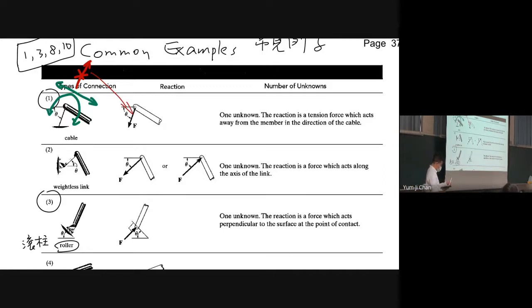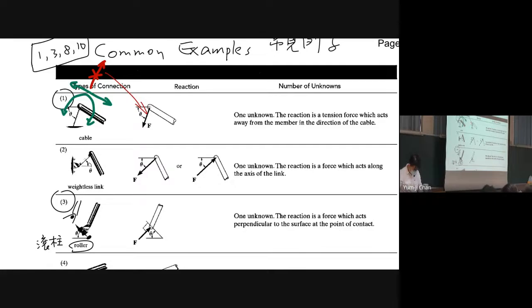Now it means it has many rollers, or many round things down there, and this one we call a hinge. Okay. It looks like this.